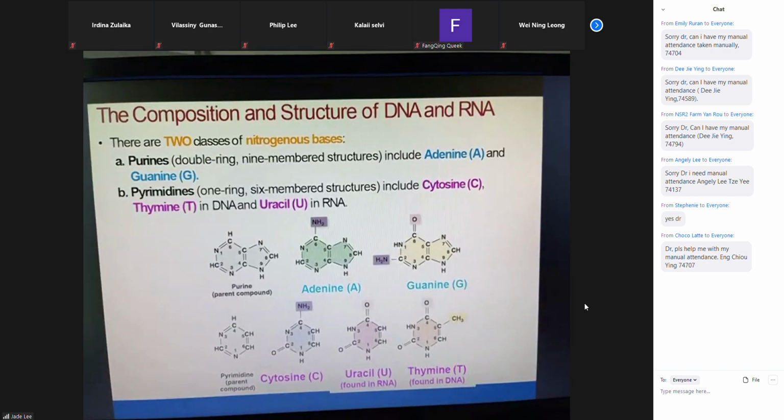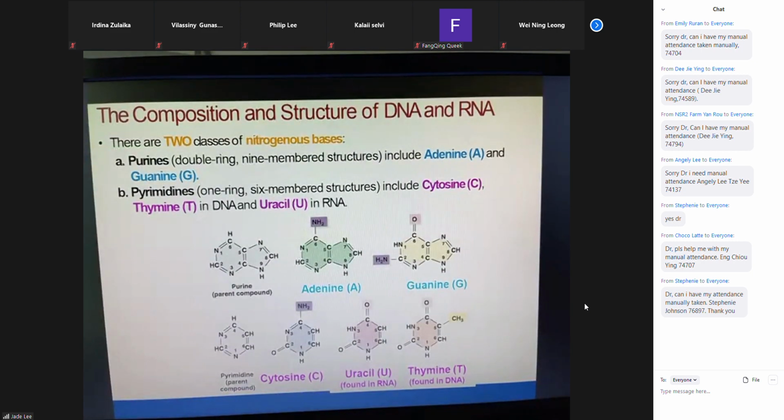So there are two classes of nitrogenous bases. One is called purine, and one is called pyrimidine. Purine has a double ring, whereby the structure has 9 members, and includes adenine and guanine, because they have two rings. This is the parent component. They have 9 members: 1, 2, 3, 4, 5, 6, 7, 8, 9.